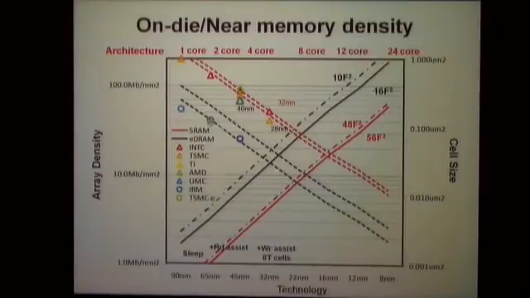If you look at the F squared size of the cell, it is typically in the order of 48 to 56 F squared for SRAMs, around 10 to 16 F squared for embedded DRAMs. And these are essentially large numbers. If you're looking at several GBs of storage on die, these are large numbers, and it's not even very clear how we can achieve these numbers at very scaled technology generations.